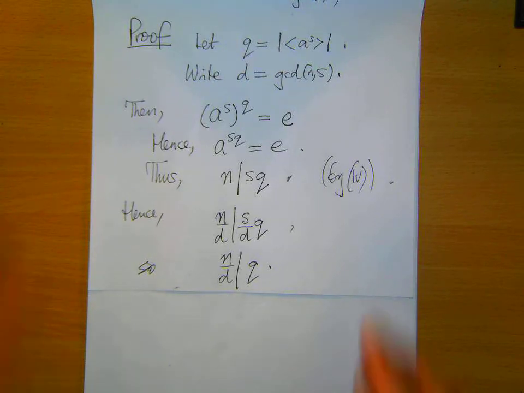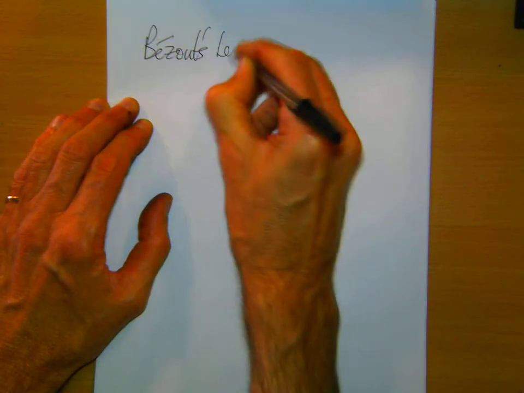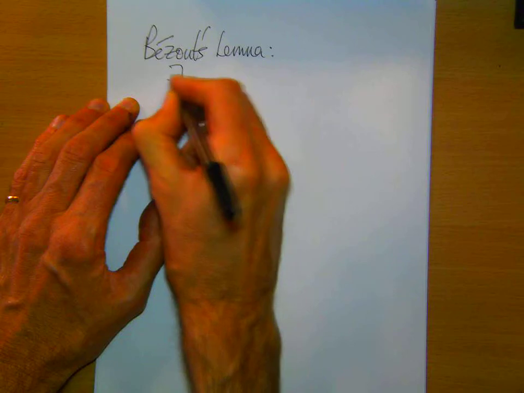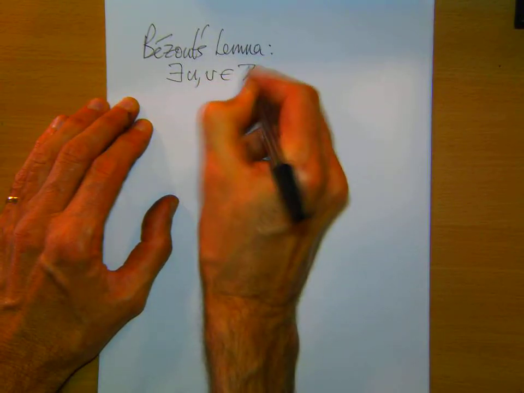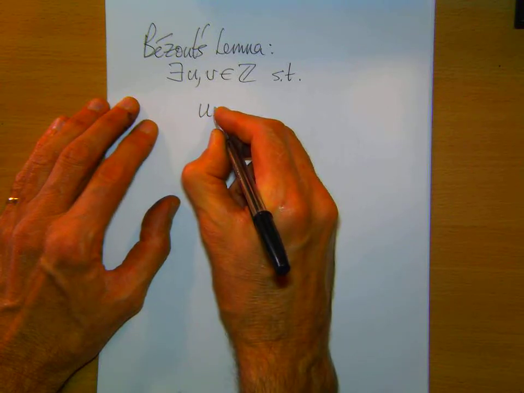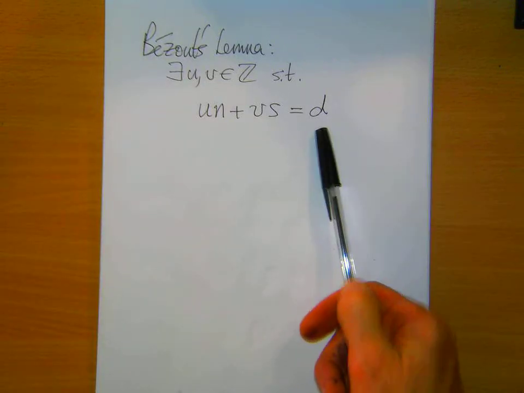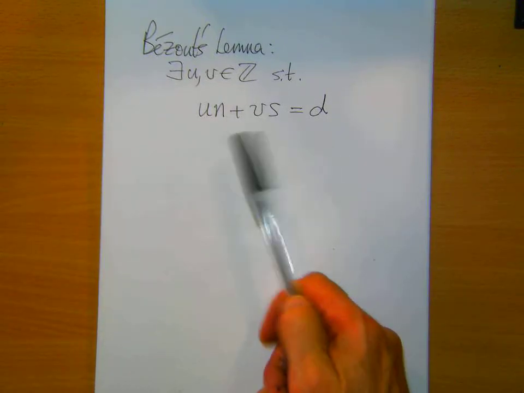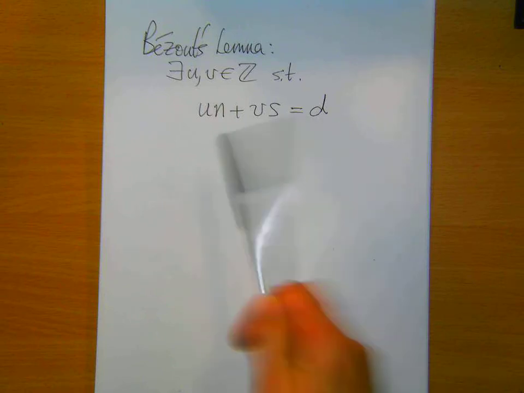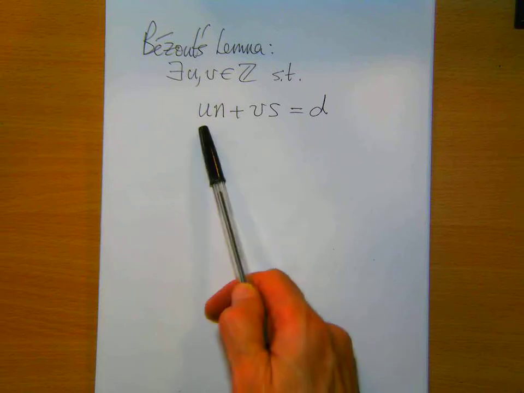So why is that true? Bézout's lemma says there exist, say, u and v integers such that u times n plus v times s equals d. Remember, d is the greatest common divisor of n and s, and Bézout says that I can write the greatest common divisor as some linear combination of n and s, where the coefficients are integers.